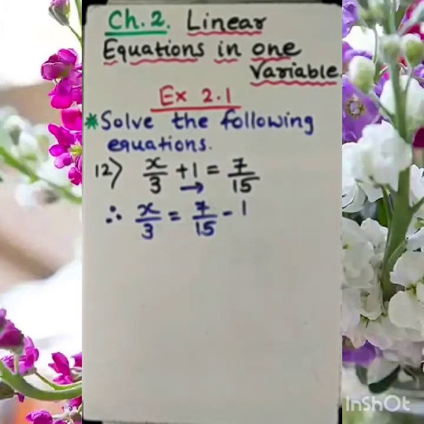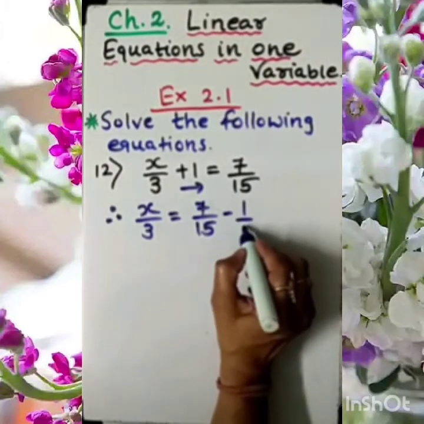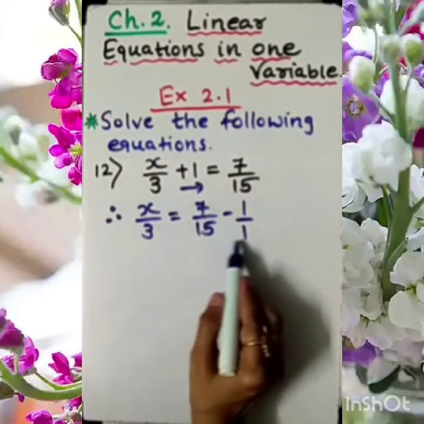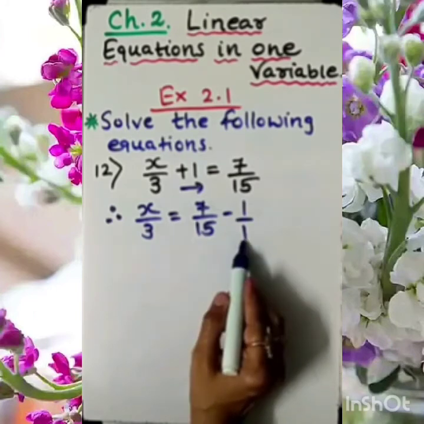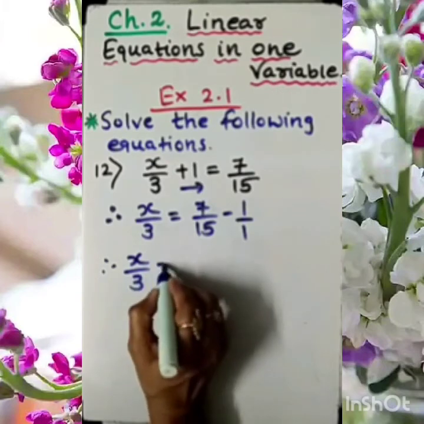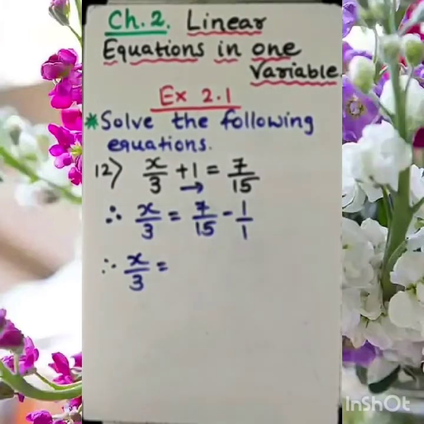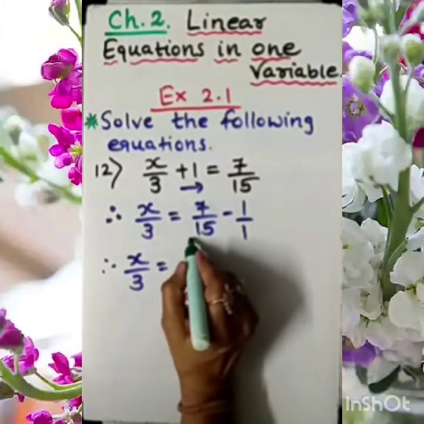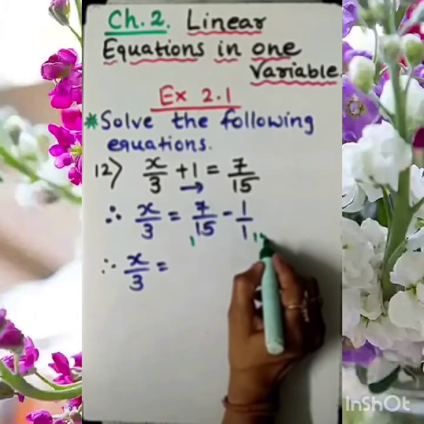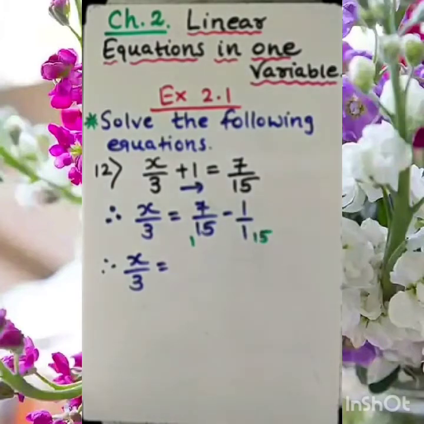Got it? Now, as we know, this minus 1 can be written as 1 by 1. Its value doesn't change. Now, let's work out the LCM of 15 and 1. Of course, the LCM of 15 and 1 will be 15. So here, my dear student, we need to multiply by 1 because 15 is already there, and here 1 is already there, so we need to multiply it with 15.